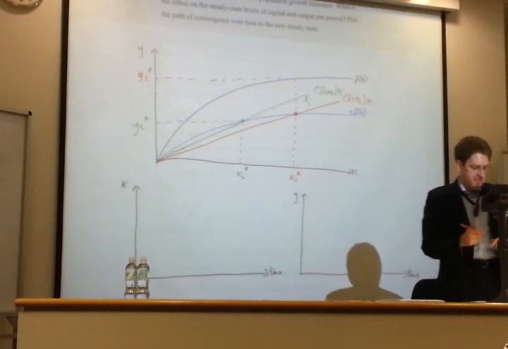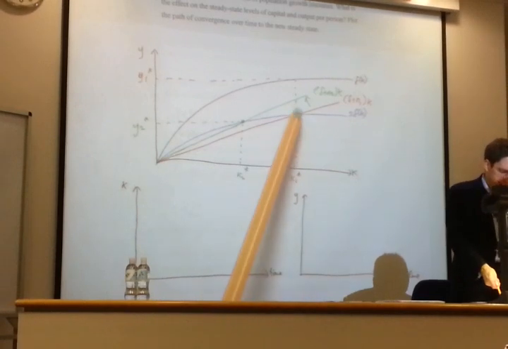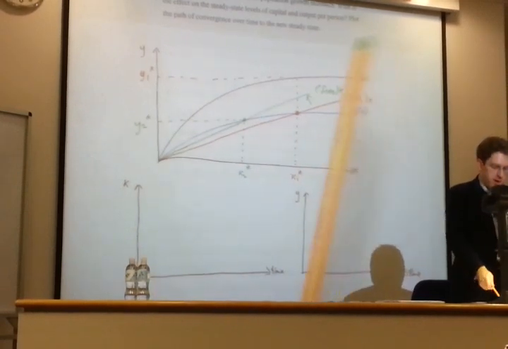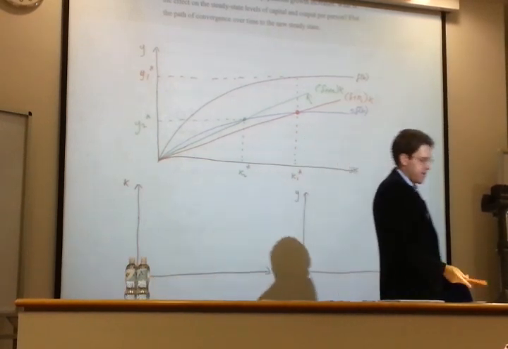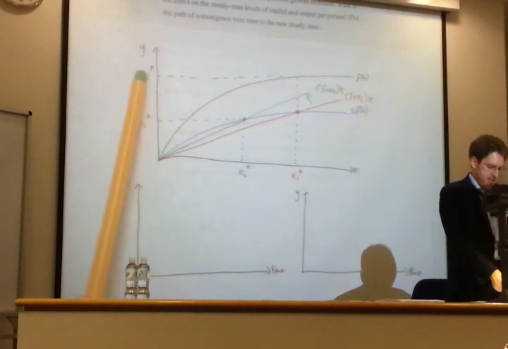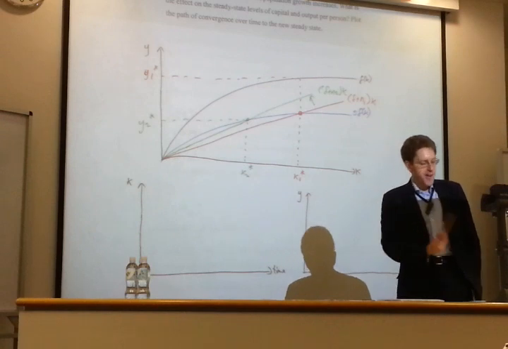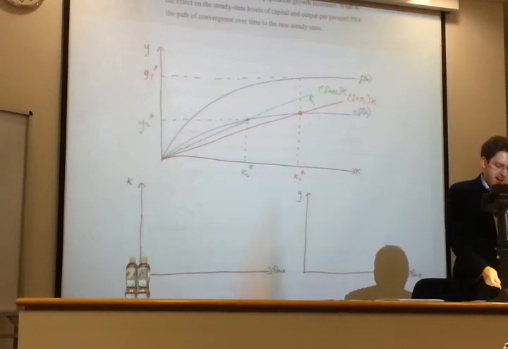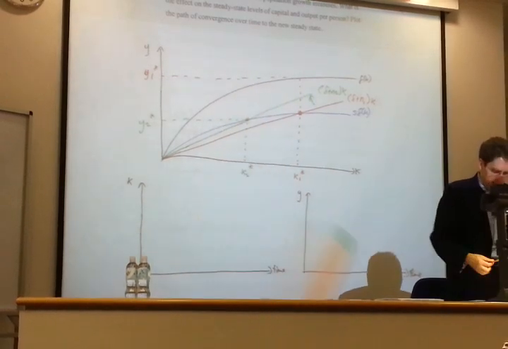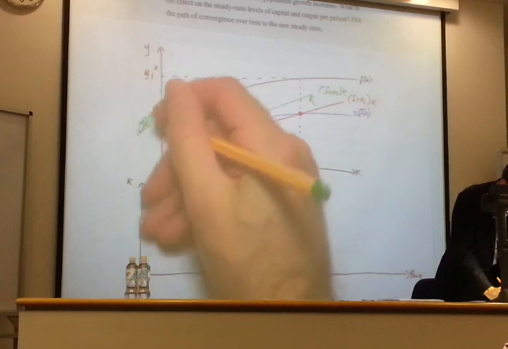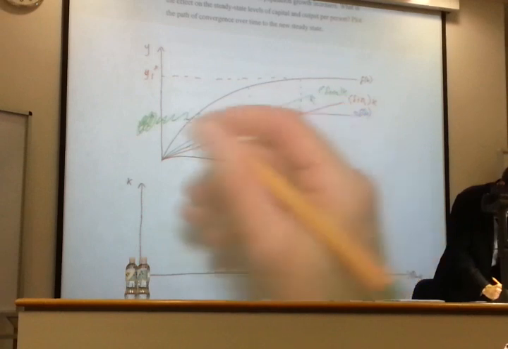So what happens to the steady state? Well, it starts here, where the blue saving line and the red existing depreciation line intersect, using that capital stock to get steady state output per person from the production function, and then that all changes. We go to the intersection between the green and blue lines. The steady state is now here, and there's a stupid mistake here which no one has pointed out, or maybe you were about to point out that I've done something very foolish.